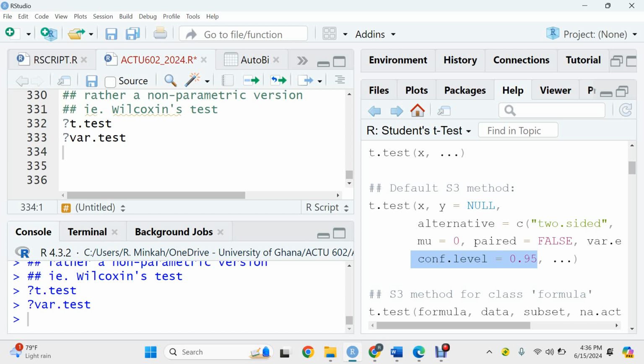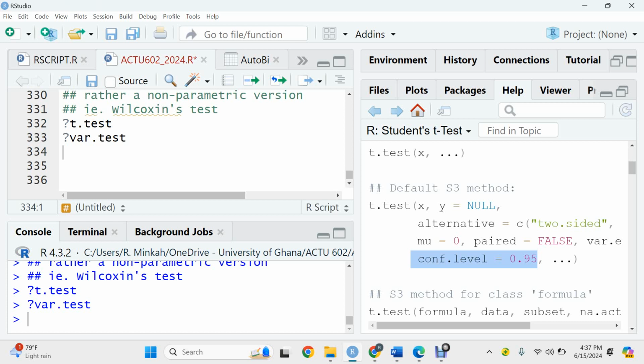If you have 30-something million Ghanaians, and you leave 5% error, that can be a lot. So sometimes they set their confidence level so high, 99%, right? So it means that if it's 99, you must change this to what? 0.99. So that's how you do this.